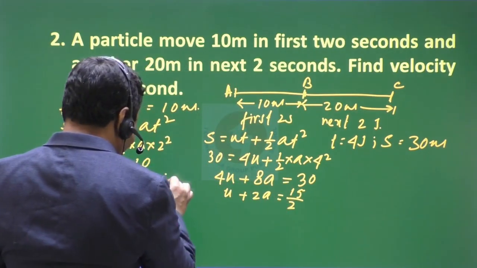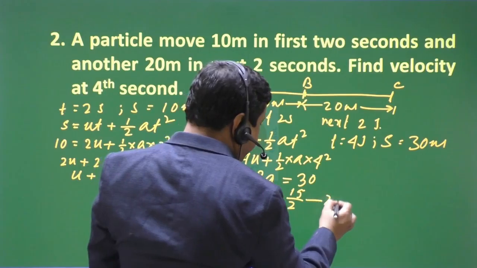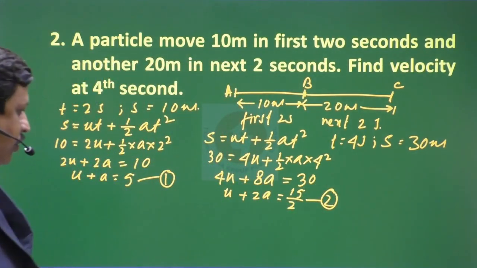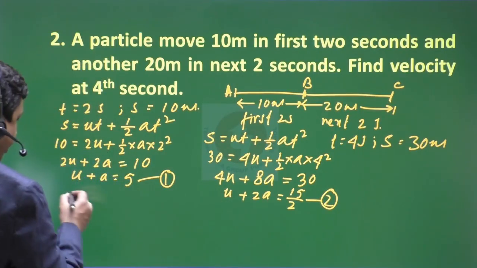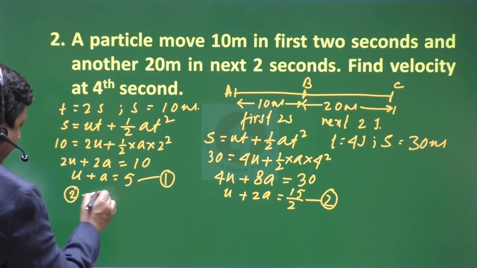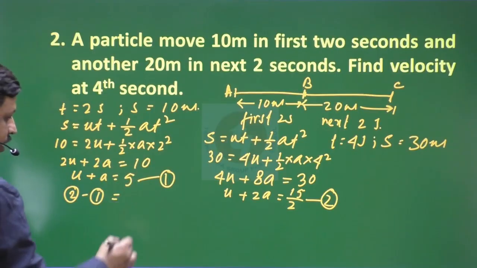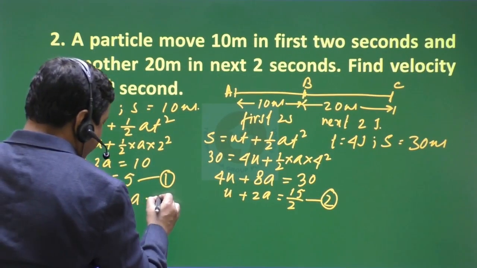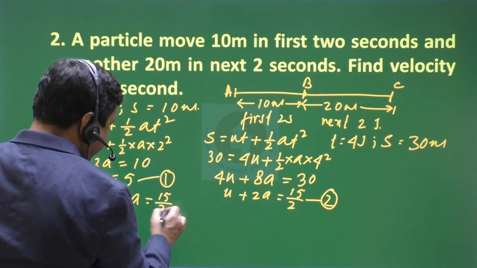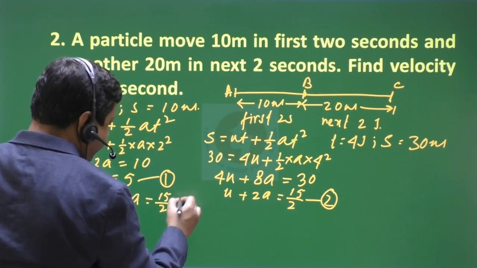This is the first equation, this is the second equation. You have to solve these equations simultaneously. So 2 minus 1, that implies a equals 15 by 2 minus 5, that is 5 by 2.